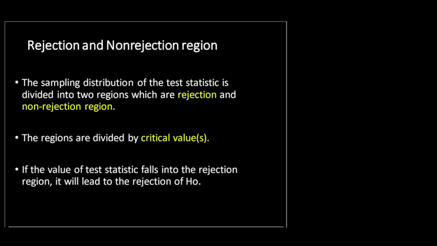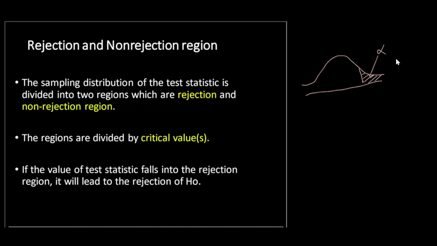The next term that we are going to learn is the rejection and non-rejection region. The sampling distribution that we choose is divided into two regions, which are called the rejection and non-rejection regions. So for example, we are choosing the normal distribution, and the rejection region is the level of significance, alpha.